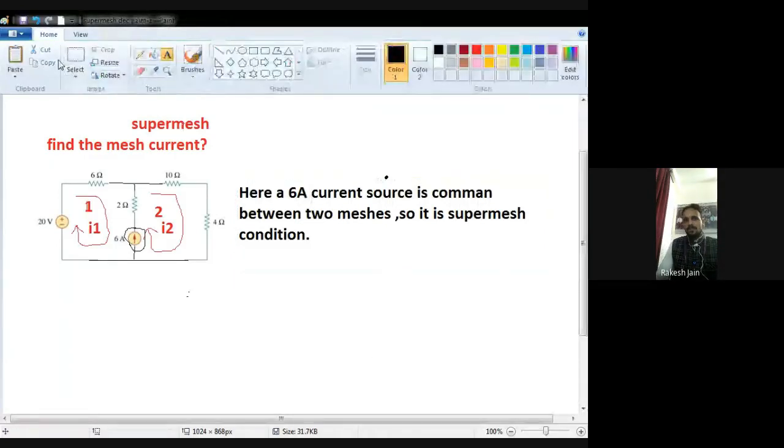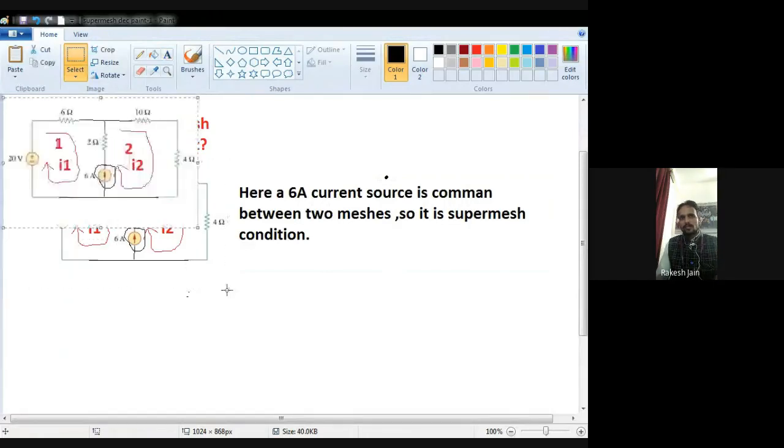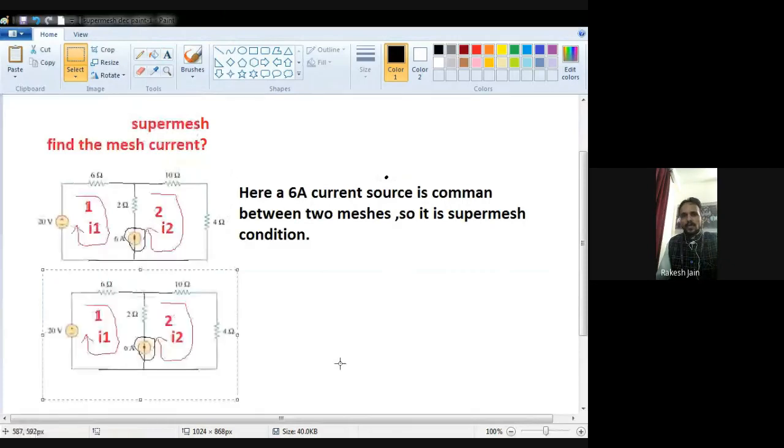Here the 6 ampere current source, which I marked in black color, is common in between two different meshes, first and second.